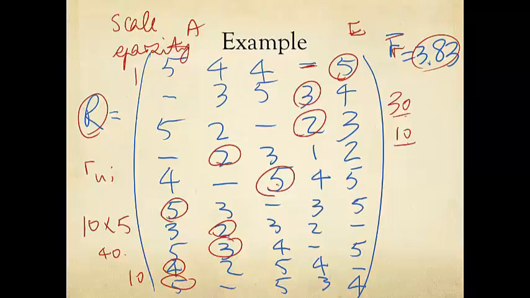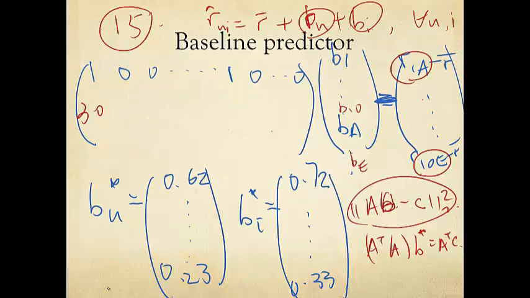Basically all the points here that are not red circled are our training data. We therefore have 30 equations and 15 variables corresponding to b_1 up to b_E.